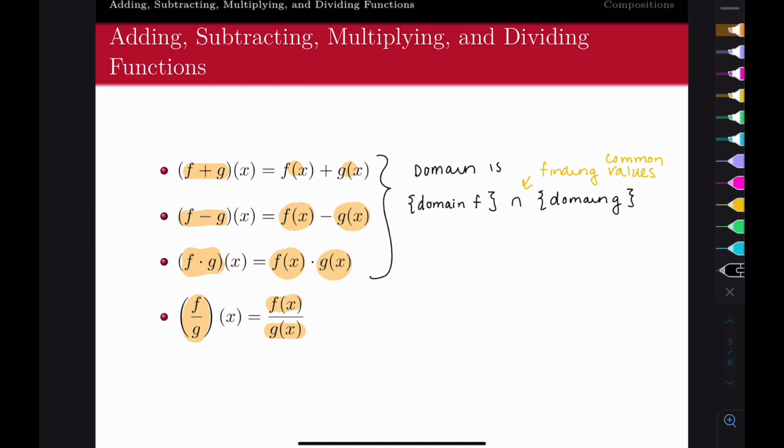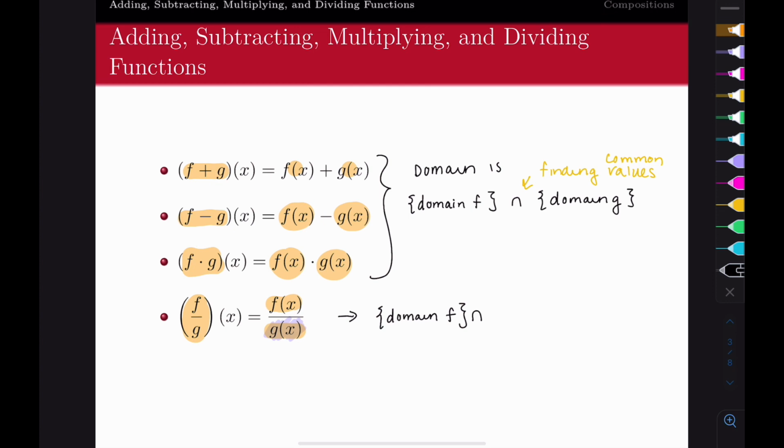When we talk about division, it's a very similar domain. I still only want to pick values that work for f and g. But now, because you have an expression that's in the denominator, you also need to exclude the values that cause a problem. So this one's a little bit more complicated, but you still take the domain of f.